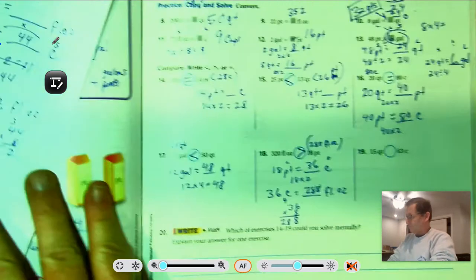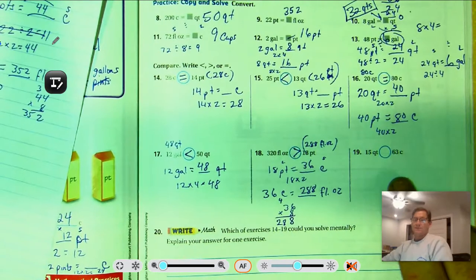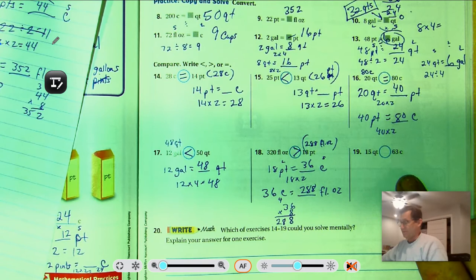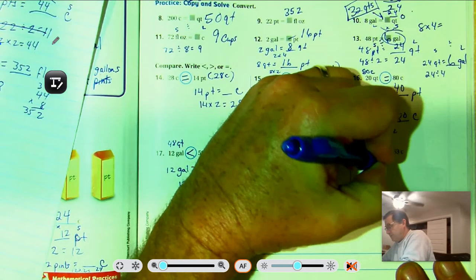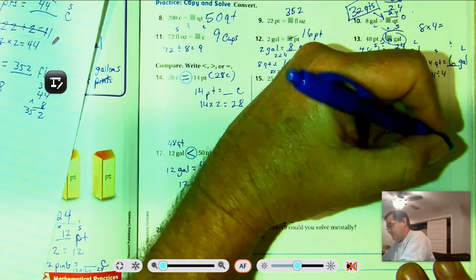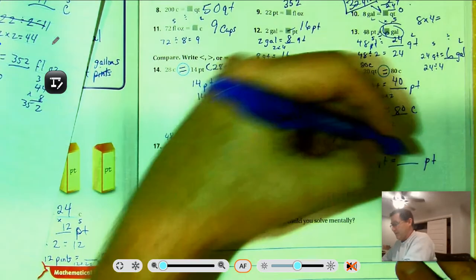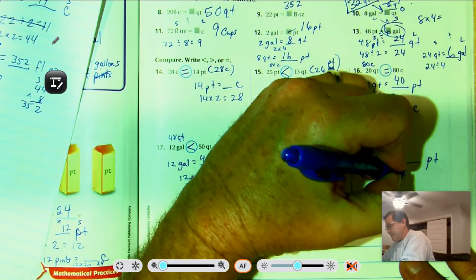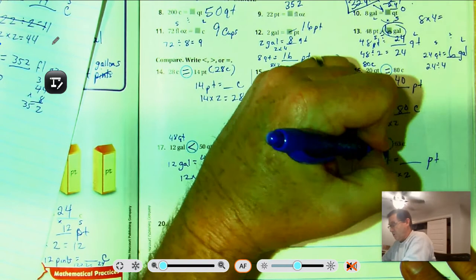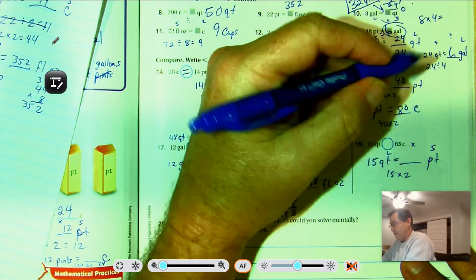And 19. We have 15 quarts and 63 cups. We can convert quarts into cups by first changing the quarts into pints. So 15 times 2, because we're going from larger to smaller, so we're going to multiply.